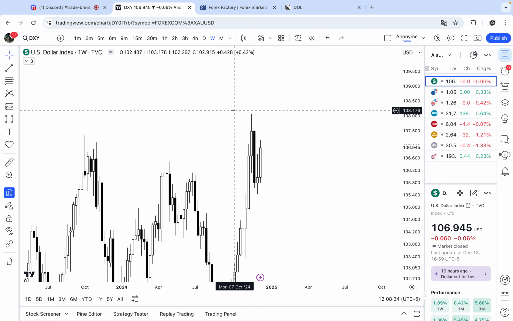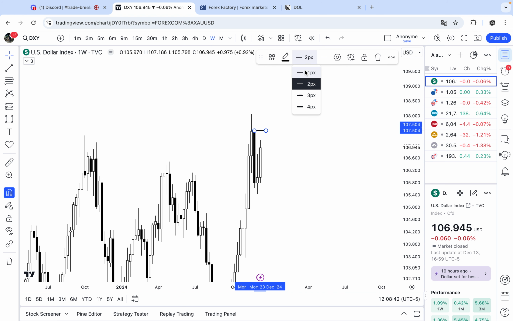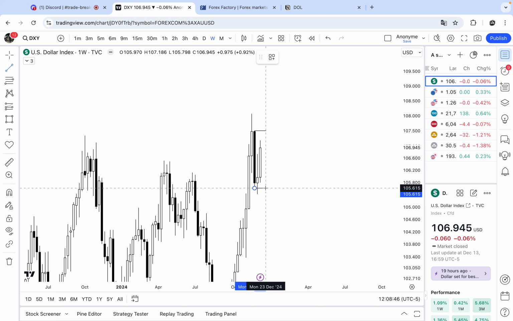FVG and CRT. Yeah, so CRT, this one, right? This is a clear CRT here, right? Here you go, a purge inside a fair value gap.